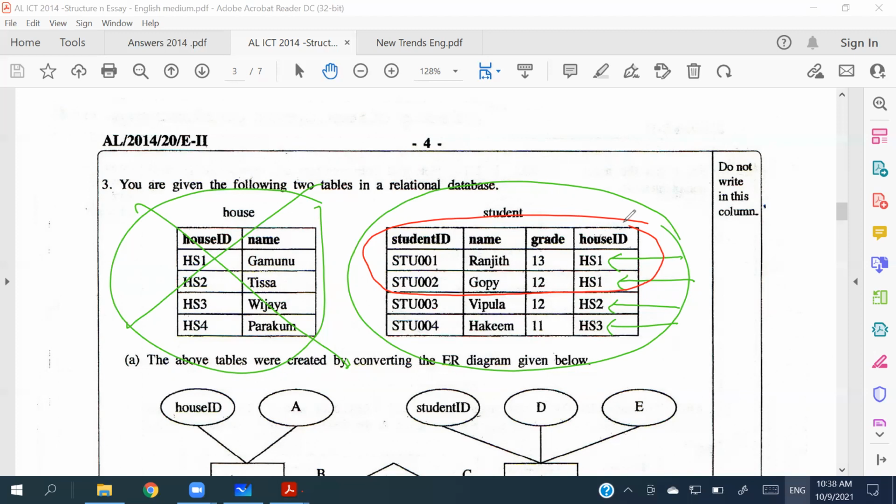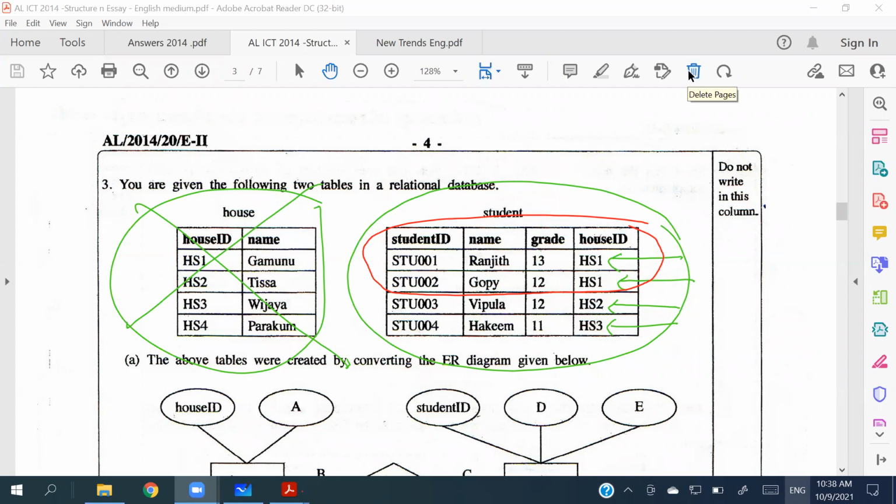Okay, I only received your answer. Let me see. Okay. Yes. Sometimes marks can be cut here, because they have asked for it, right? So it's better you give all the clues, right?